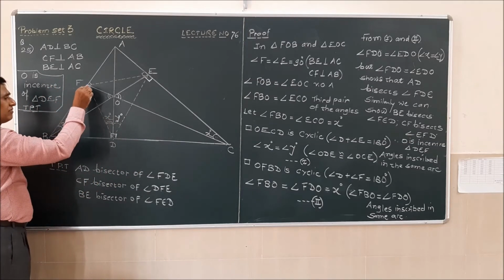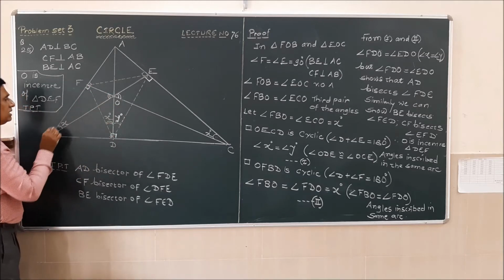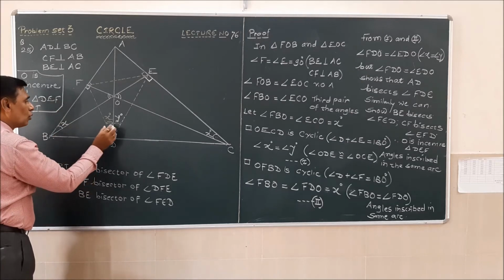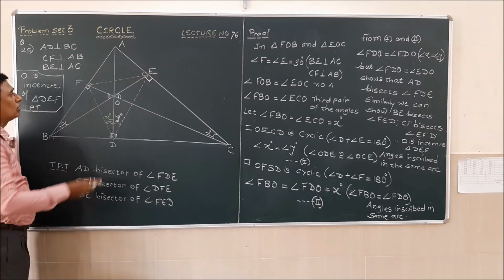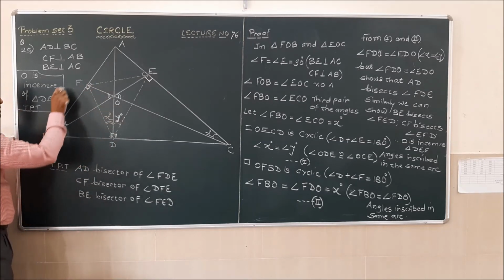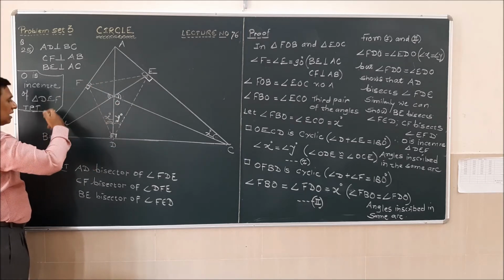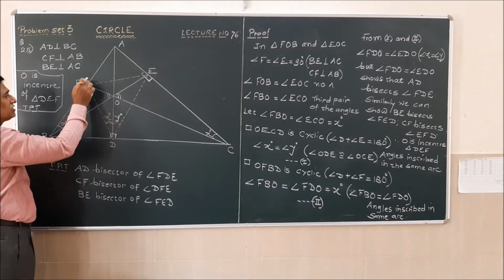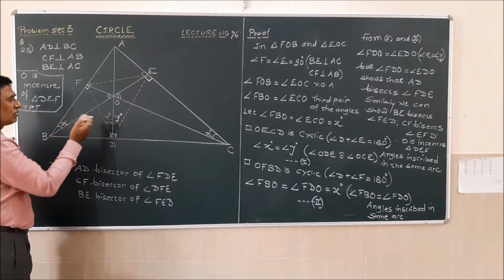Likewise, F and D. FODB is also cyclic. So this X and this X are also congruent, because if I draw arc of a circle, then naturally I get these two angles inscribed in the same arc, and the measure of each one of them is equal to half arc OF. Therefore, these two are also X.